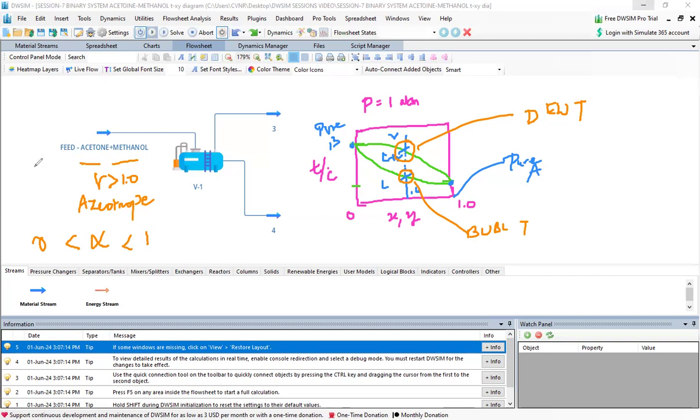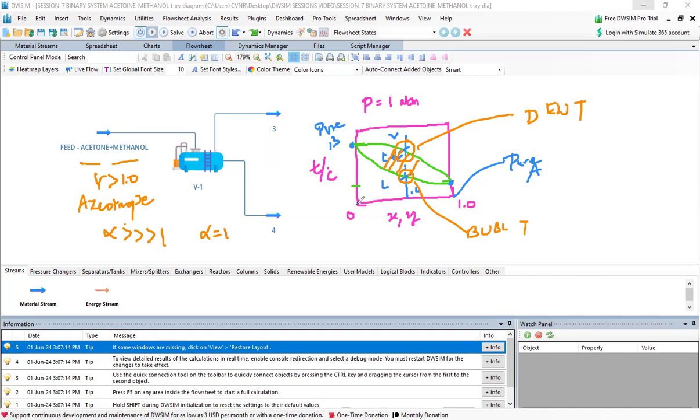Let me not confuse you much here, but there is a concept of alpha, relative volatility. If it is much, much greater than 1, then separation is more, or the distance between these two curves is more. That is the reason I have shown you that. Alpha equal to 1 means azeotrope. Previously, what I have given, 0 to 1, is wrong.